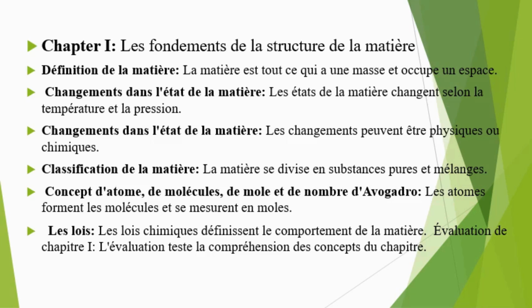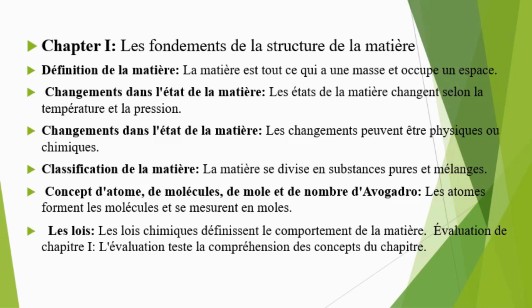concept du chapitre. So here in chapter 1 we have the definition of matter, the changement in physical state or the matter state, the physical and chemical changement. We have also the classification of matter. So the matter can be classified in substances, pure substances and mixture.